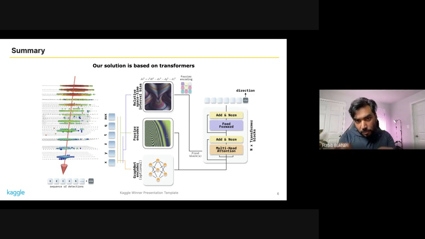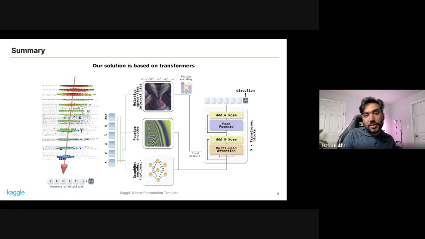When we encode these features, and if you have a GraphNet encoder, we also extract the features from there. They get concatenated, and then we feed them to several transformer blocks. One thing we add here is a class token. It's a parameter used very commonly in transformers, and this layer is responsible for pooling. So we use the class token to pool the features and to finally calculate the direction.